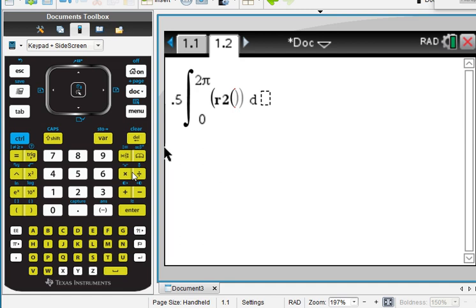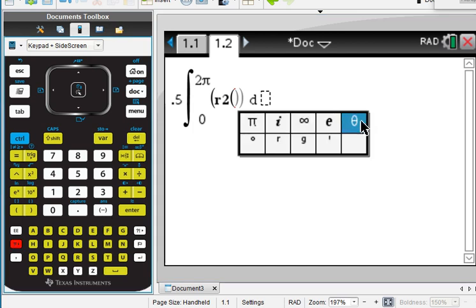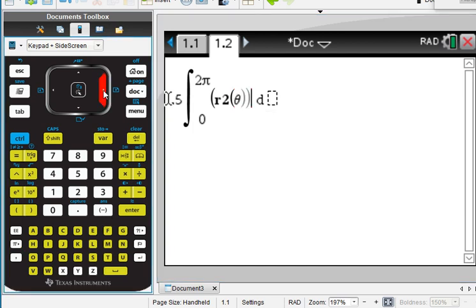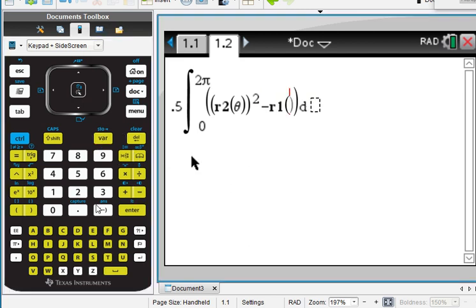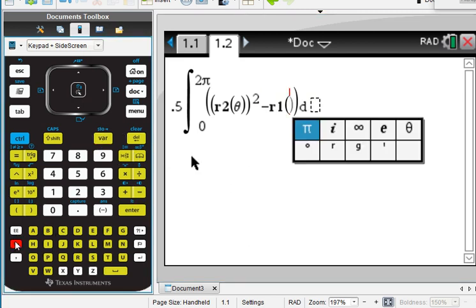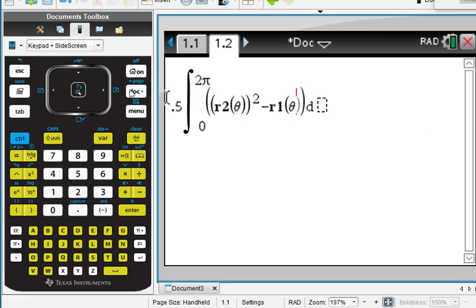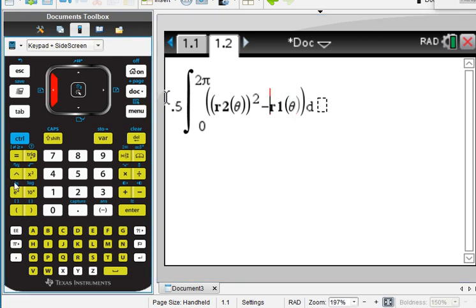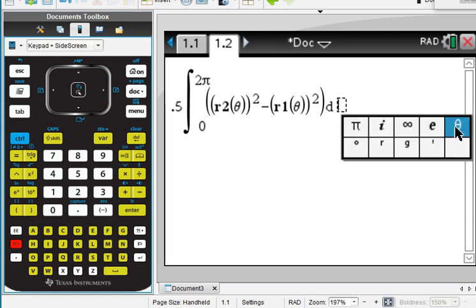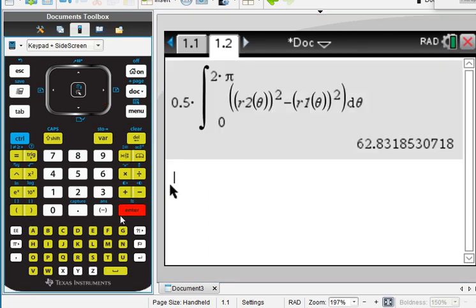Actually R1 in terms of the graph, but R2 in terms of how we typed it in. Theta squared. And the nice thing is when you put minus here, it automatically puts these outer parentheses for you. That's going to be times the d theta. R1 theta. Oops, I forgot the parentheses here at the beginning. Put parentheses on that. Squared and d theta. I get the same answer.